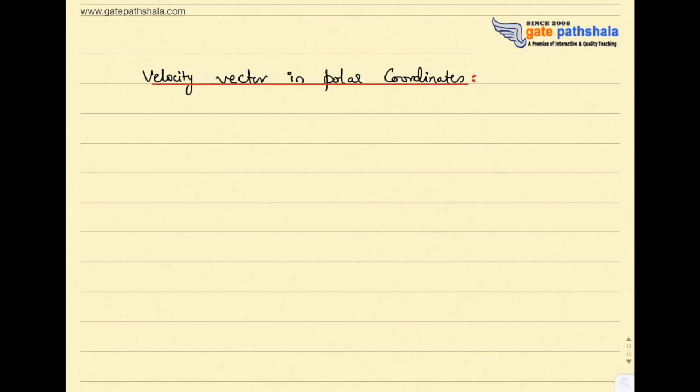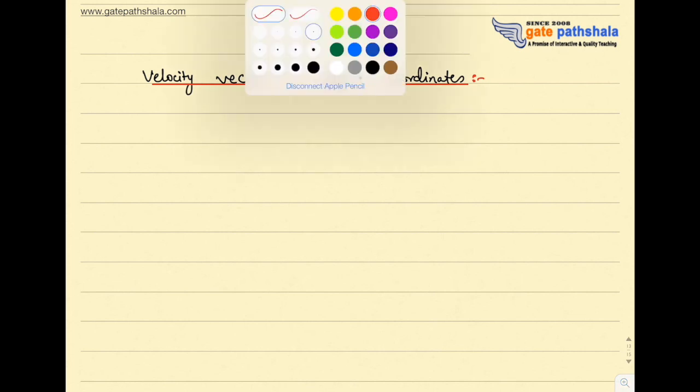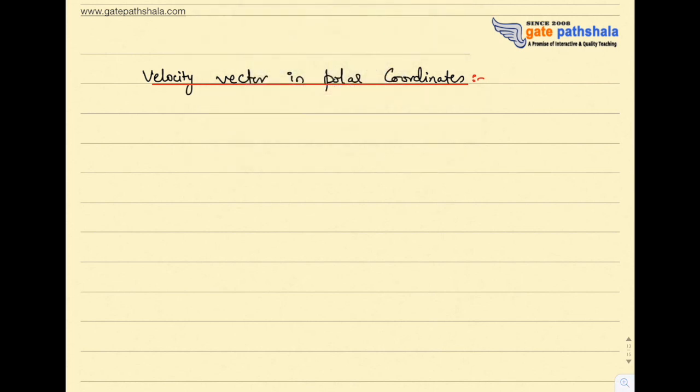I'll pause for a while so that you think, do you really know, or how do you define the velocity vector? A very common mistake that most of the people do is they write V bar equals to Vr i cap plus V theta j cap plus Vz k cap, and they write mod of V bar equals to under root of Vr square plus V theta square plus Vz square.